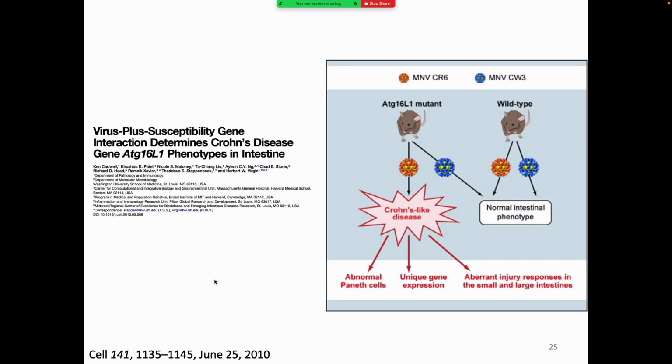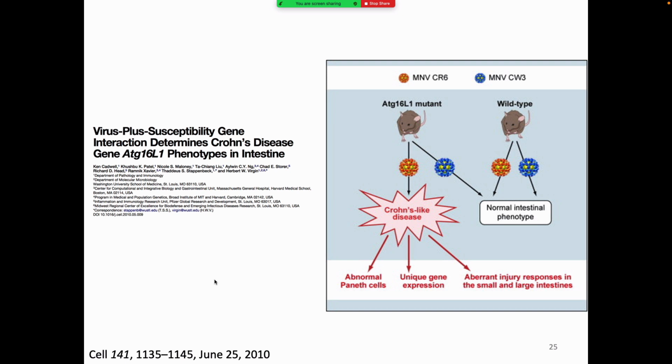This paper shows an idea of how people think about this actually working in real life. What you can see here is 2 different mice. One mouse is a wild type mouse, and one mouse is a mutant mouse.